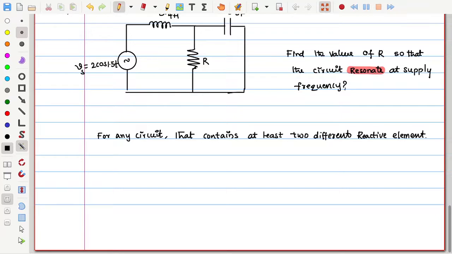We need at least two different reactive elements, one of inductive nature, the other of capacitive nature, for example L and C. The circuit must consist of these elements. If only inductors or only capacitors are there, resonance does not occur.